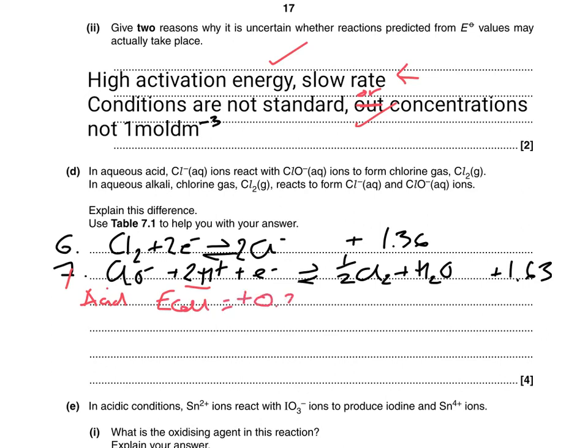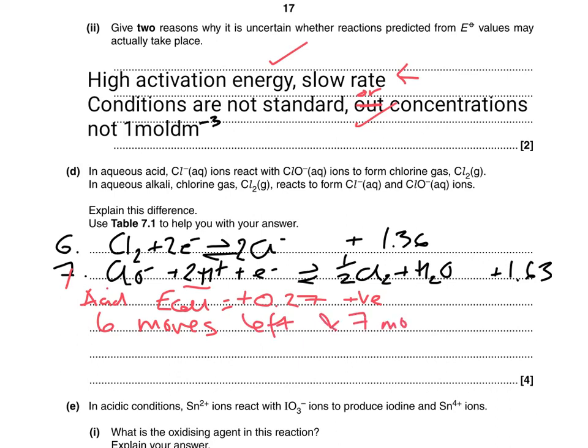So that gives us E cell is plus 0.27, so it's positive. So that means that equation 6 moves to the right. Sorry, not to the right, to the left.